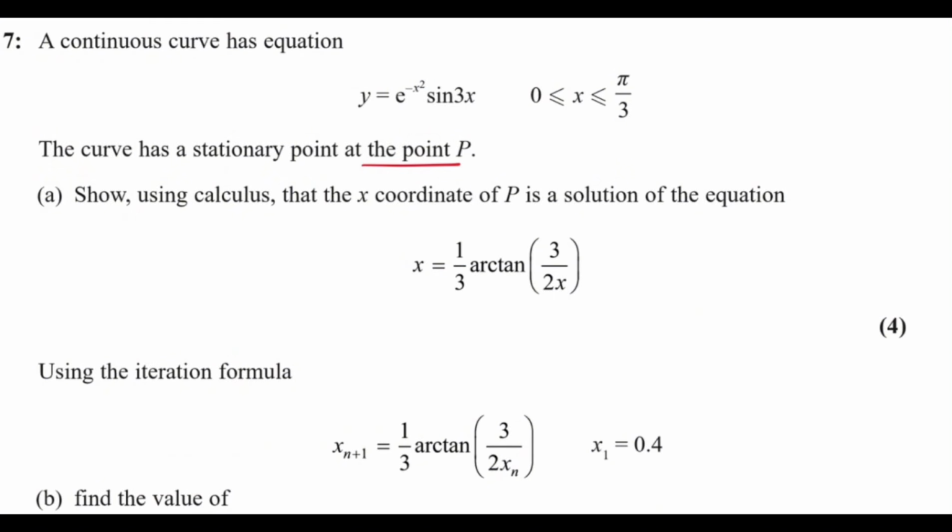Now for part A, we have to show using calculus that the x coordinate of P is a solution of the equation x equals 1 by 3 arctan of 3 by 2x.